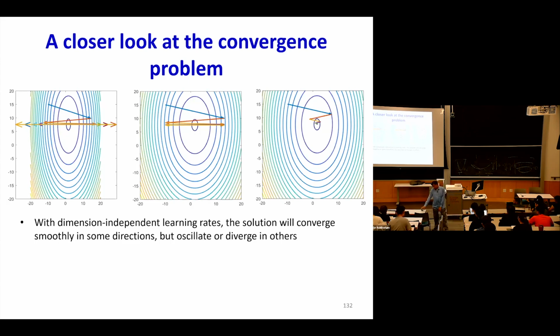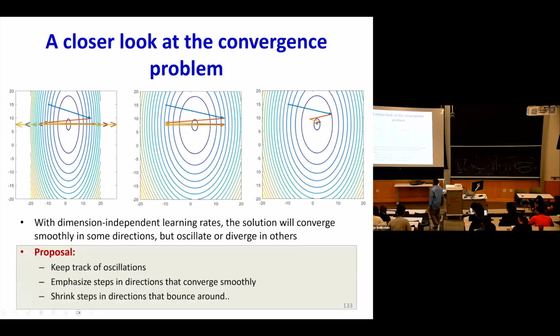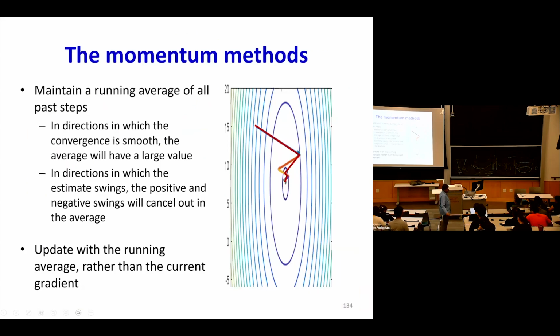So this gives rise to momentum methods. There are a couple of different momentum methods. We want to keep track of oscillations. We want to emphasize steps in directions that converge smoothly, and reduce them in directions which oscillate. And the way we do it is by actually tracking the gradient. The gradient has a partial derivative along each component.